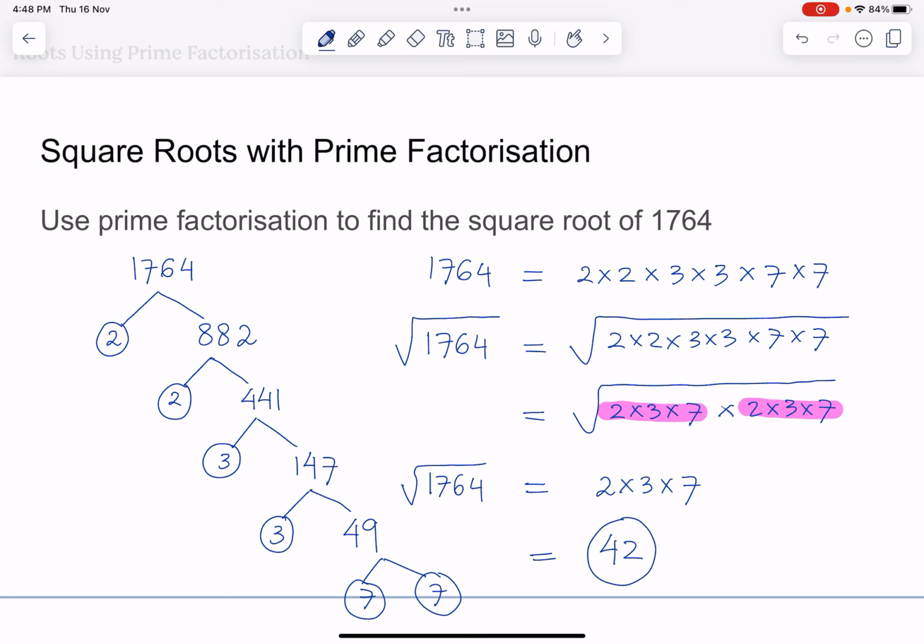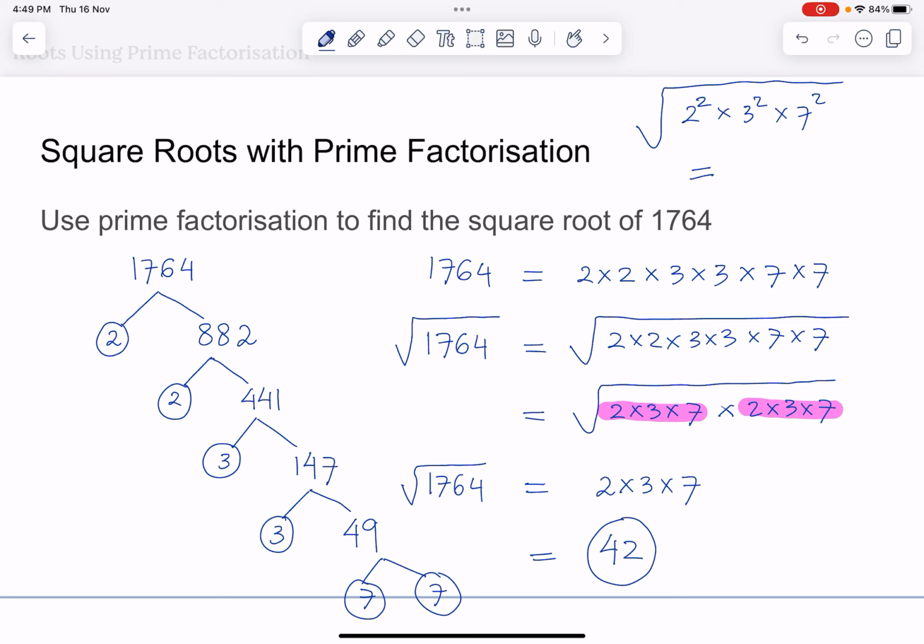Another way to think about this is that I can write the prime factorization of 1764 as 2 squared times 3 squared times 7 squared, right? And then if I actually square root it, I'm actually cancelling out all the squares, right?